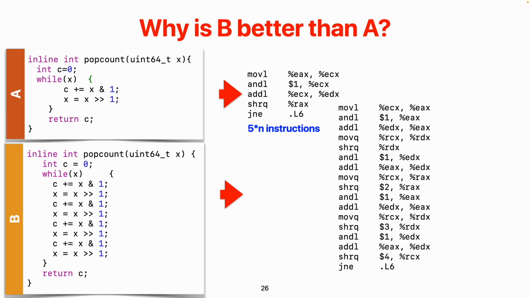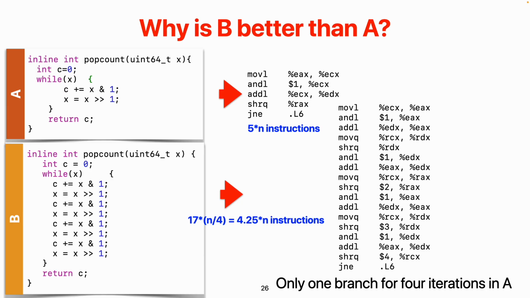However, don't forget, every iteration here is equivalent to 4 iterations right here. So if you have n iterations to perform, version A would take 5 times n, but this one would be 17 instructions multiplied by n divided by 4. So on average, it would take about 4.25 times n instructions, right? So that's why the instruction count is lower.